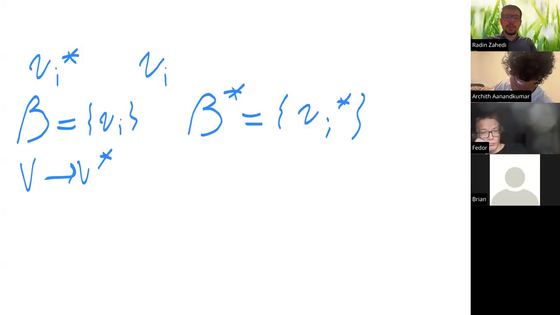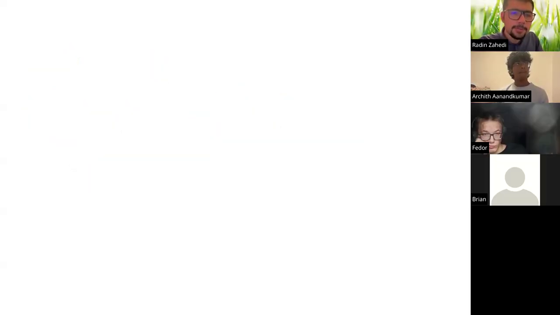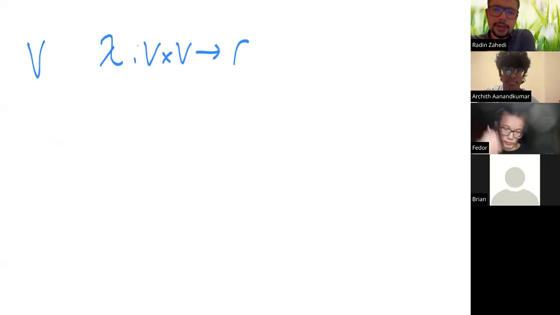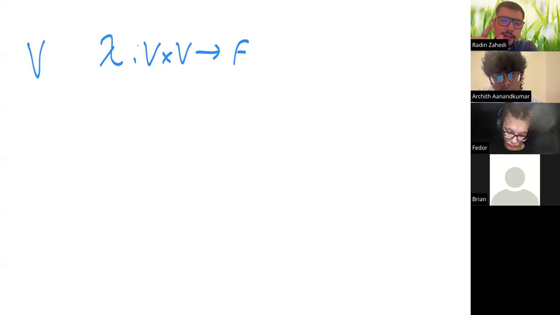However, unfortunately, it is roughly provable that there is no natural isomorphism between these two. However, in some special cases, we might have an extra structure, and you might be able to form a new isomorphism based on this structure we have. In particular, if our vector space is equipped with a bilinear map from V times V to F, and bilinear maps are maps which are linear in each of their elements.